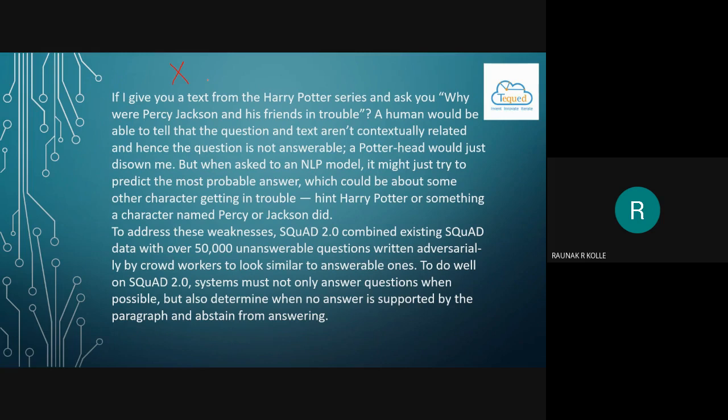Crowd workers are basically similar to something like a survey, where you ask the general people to help you out with the project, and hence we asked for questions etc. from the general public. To do well on SQuAD 2.0, systems must not only answer questions when possible, but also determine when no answer is supported by the paragraph and abstain from answering it.